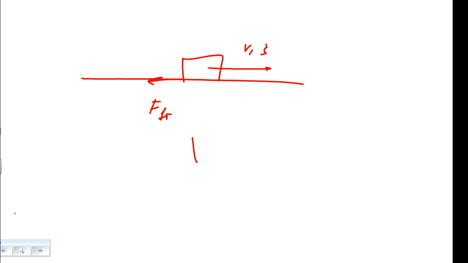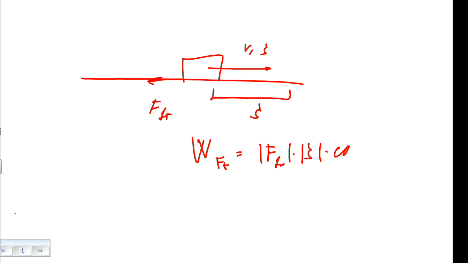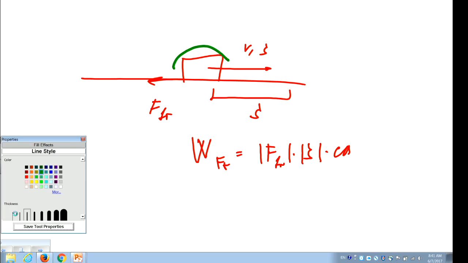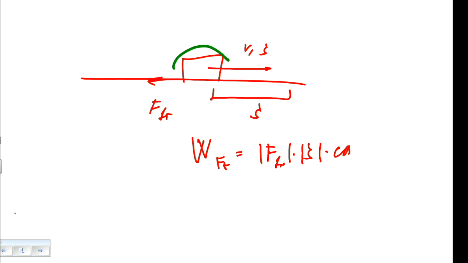So if we want to calculate the work done by friction, it should be equal to magnitude of friction times magnitude of the displacement times cosine of the angle. And the angle has to be measured between two vectors which point opposite to each other.